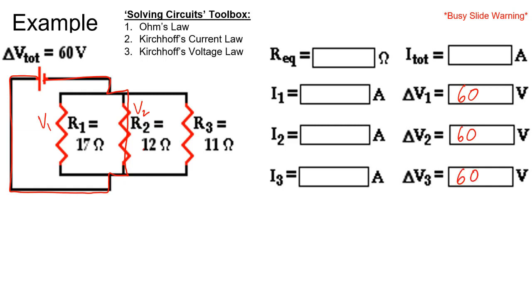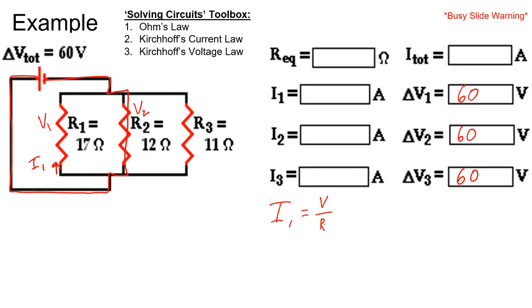Okay, so next, I'm going to look at finding the current in resistor 1, just to use each of our different tools in our toolbox. So the current through resistor 1 will be the current that's shown. Okay, we're going to use Ohm's law to solve that.